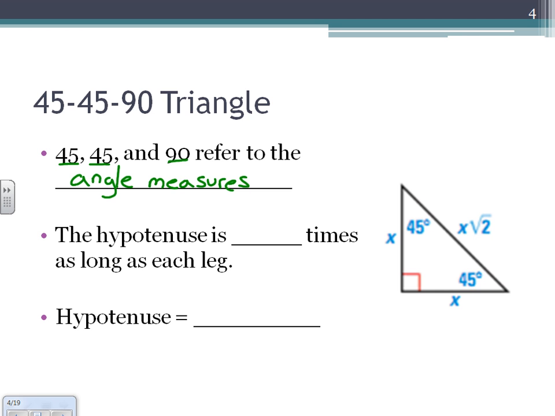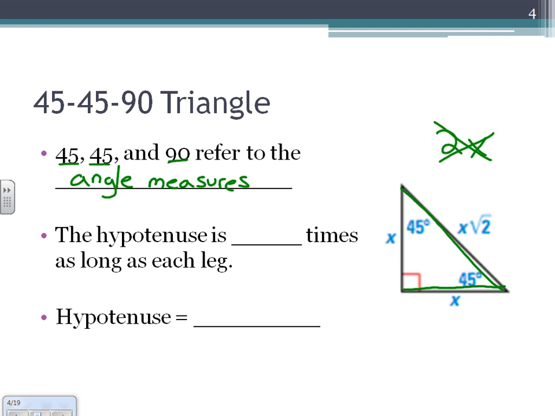Okay? So in this circumstance, my hypotenuse is right here. It's across from my right angle. And you notice it's longer than the leg. Here's the leg. How much longer is it? Not 2 times, because 2 times would be 2x, and that's not what we have here. It's not 2, it's 1.